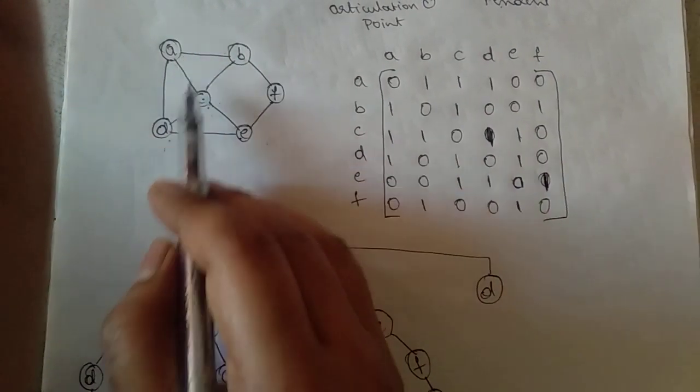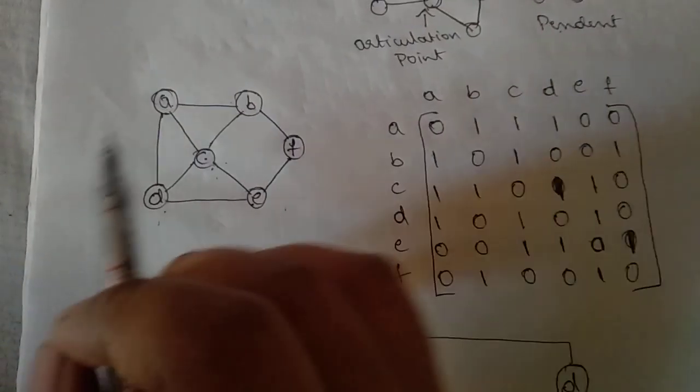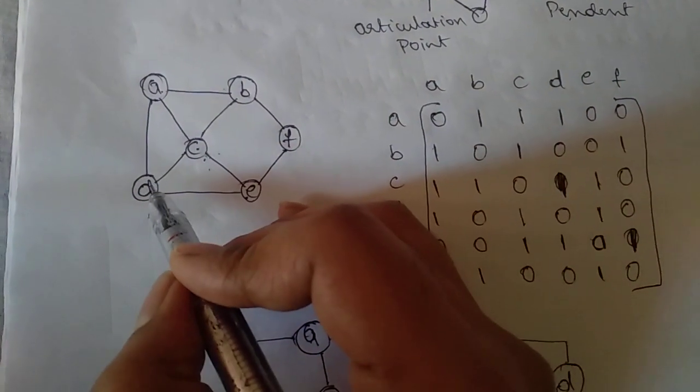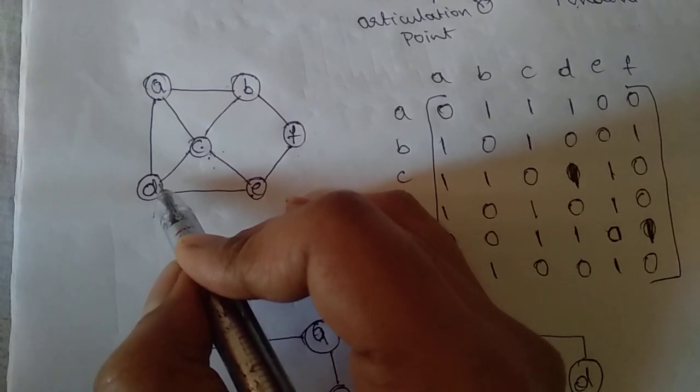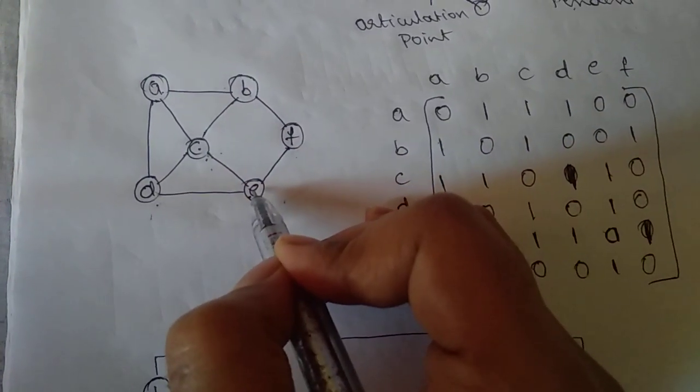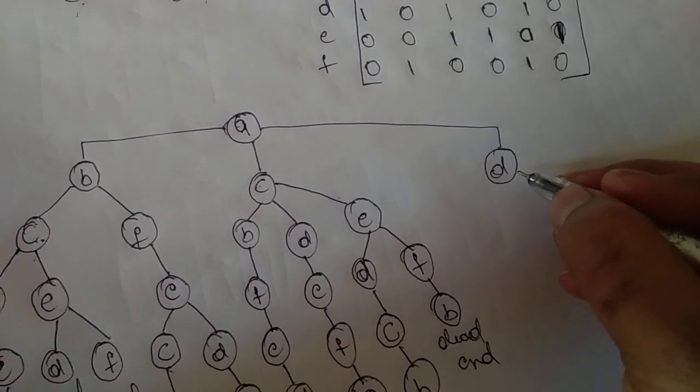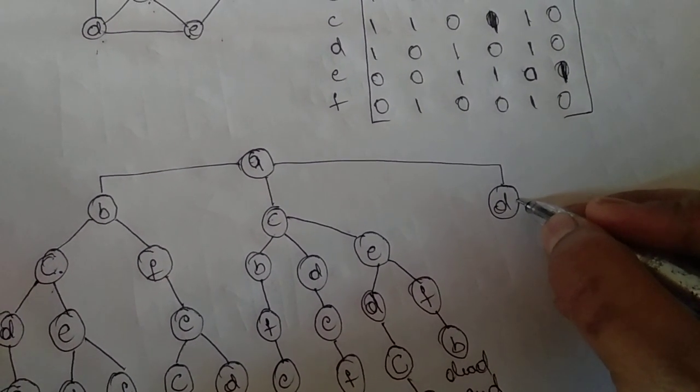Next, if I go from A to D, then from D you can either go to C or you go to E. 2 conditions you can just have. Is it not?